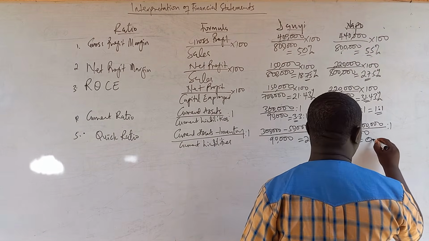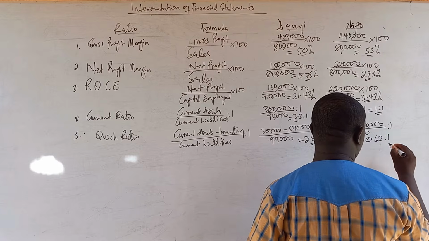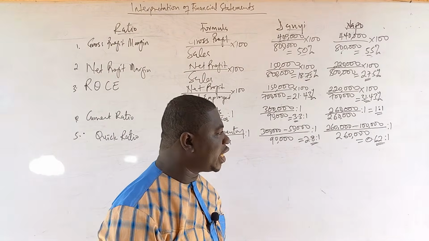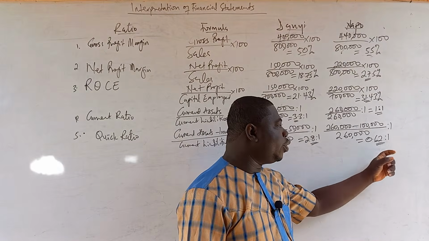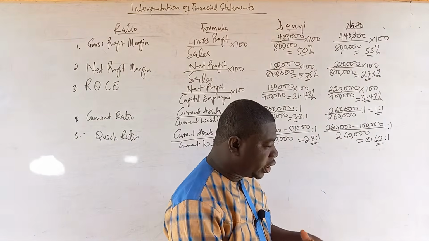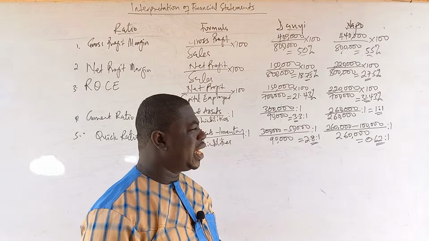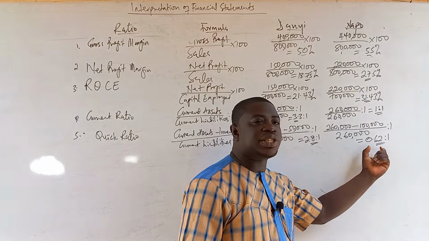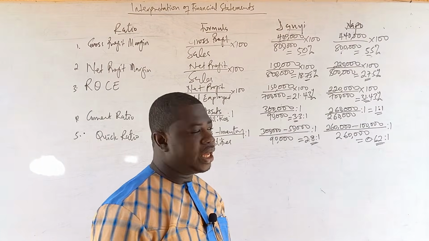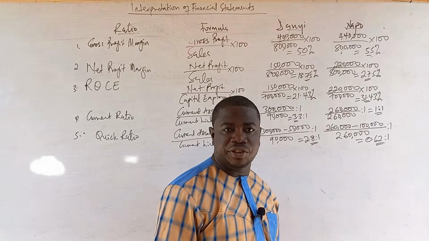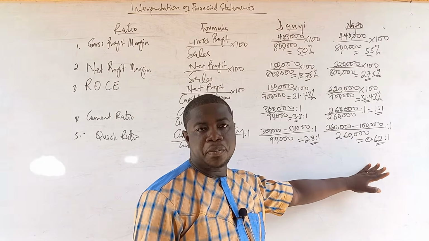We have 0.62 is to 1 as our liquid ratio for Napo, which is very bad. You can see that for every 1 cedi they owe, they have 62 pesos only to pay in the short term when there are no inventories. And this liquidity state is very bad. It means that the company is risking liquidation in the near future. They are going to have working capital challenges. They are running into overtrading, and it's not going to help them.